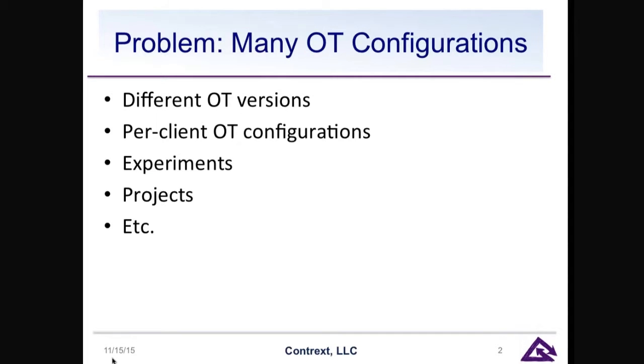So the challenge that I face as a practitioner, working with very many clients and working with the OT, mostly in the context of my client-specific work, is I have literally dozens of different configurations of the Open Toolkit that I need to use and change to on a moment-by-moment basis, right?